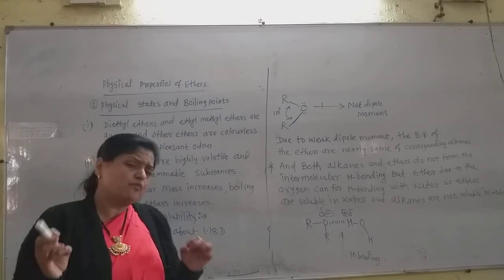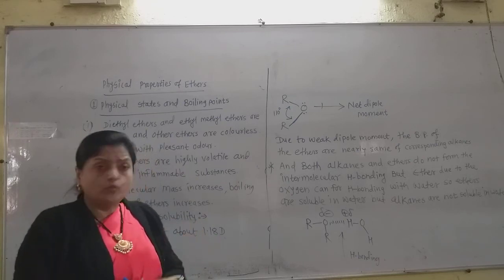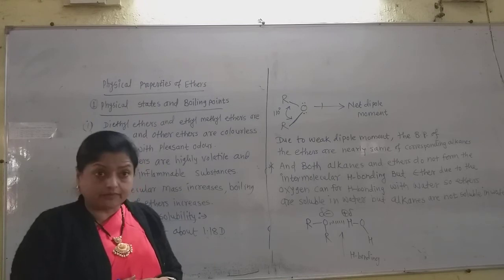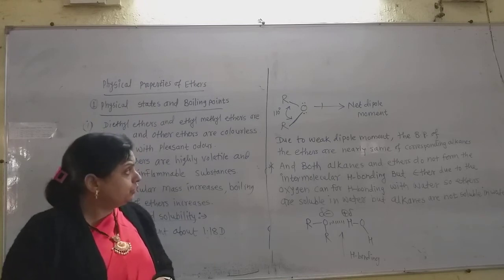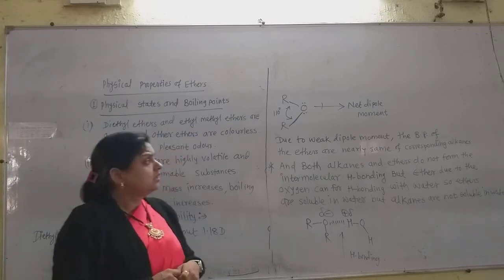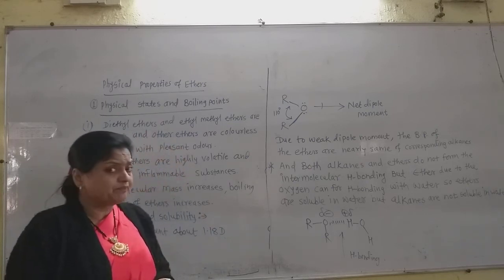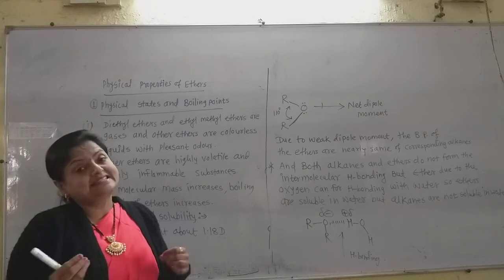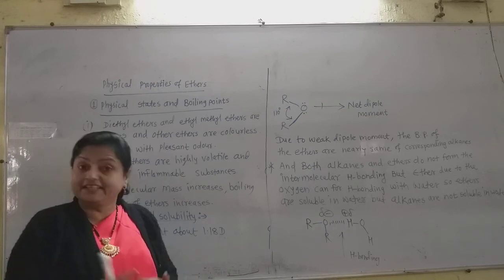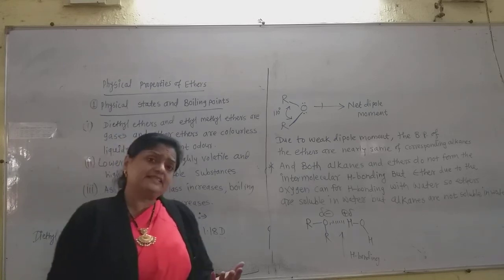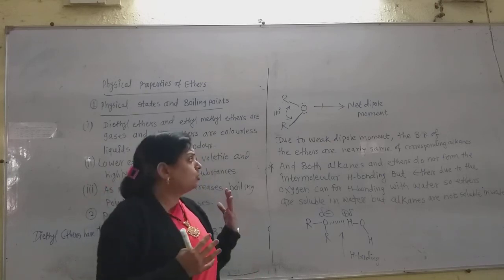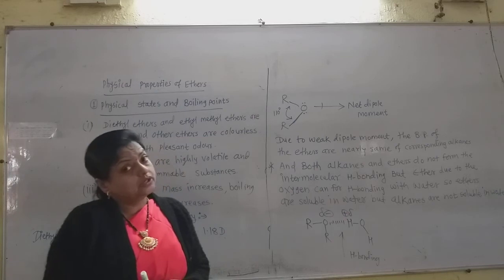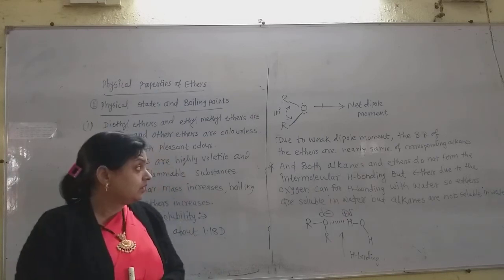So there is a net dipole moment, but the dipole moment is very weak. So due to the weak dipole moment, the boiling points of ethers are similar to those of their corresponding alkanes.